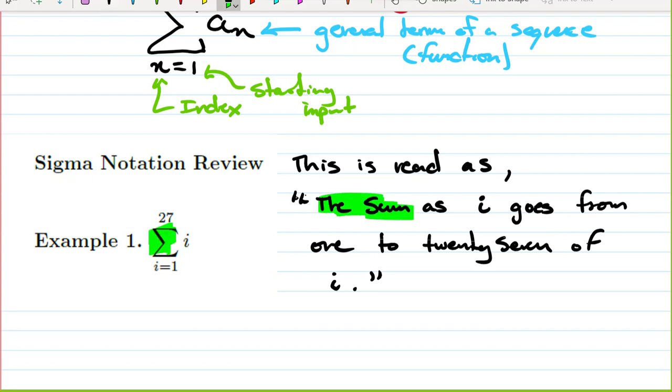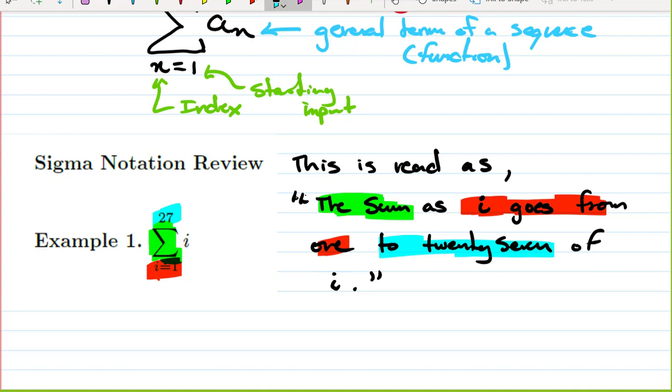So the sum is our sigma operator. The sum as i goes from 1, so that's this part, to our stopping value, 27, of our general term of our sequence or our function, i.